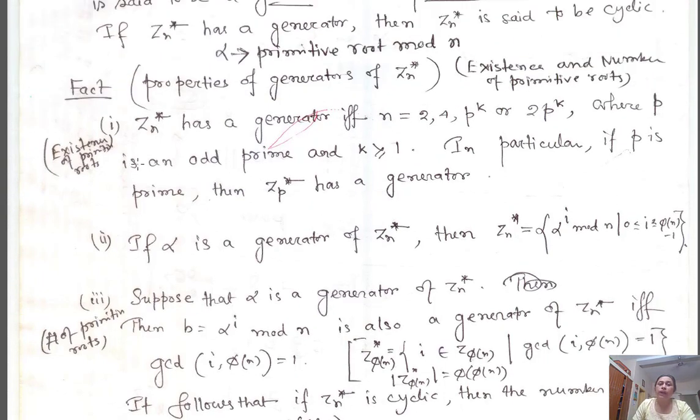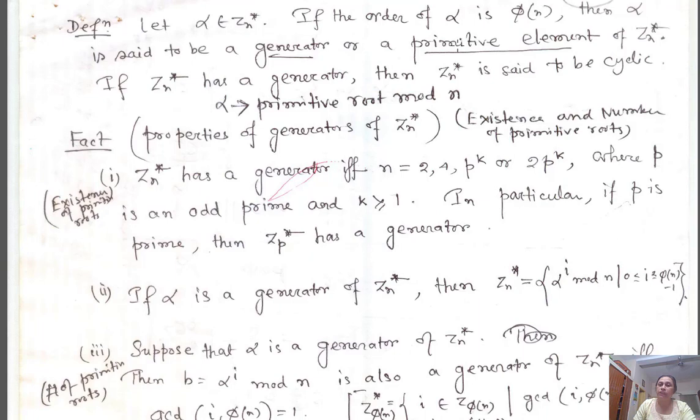So what we have learned: Zn star is a multiplicatively cyclic group, that means it has a generator. A generator is called a primitive root modulo n, or primitive element. It has a generator if n is either 2, 4, p to the power k, or 2 times p to the power k, where k is a positive integer and p is an odd prime.